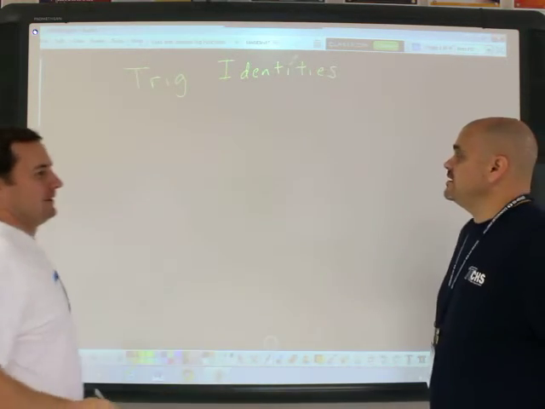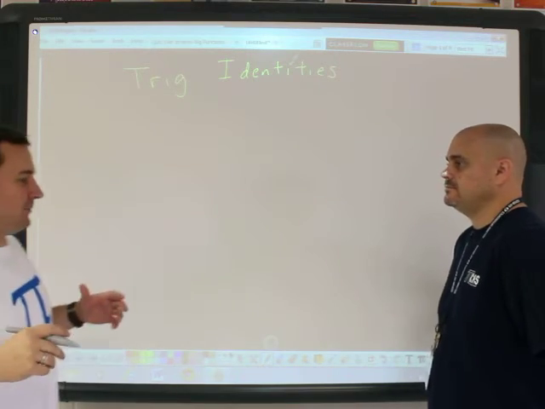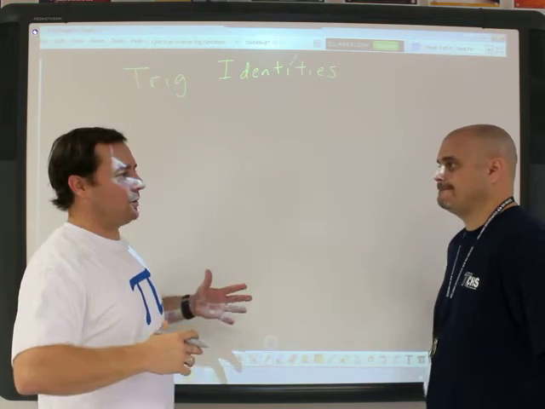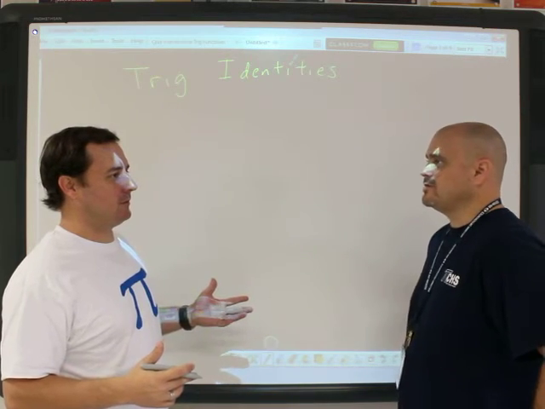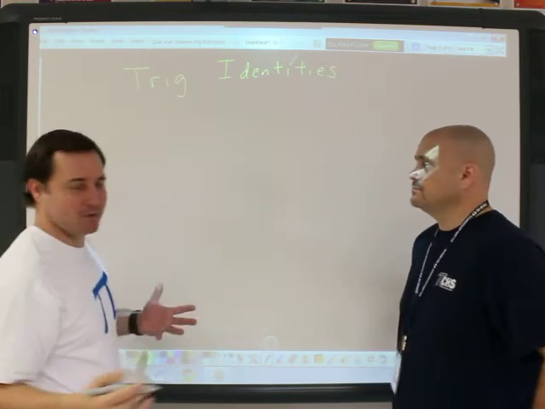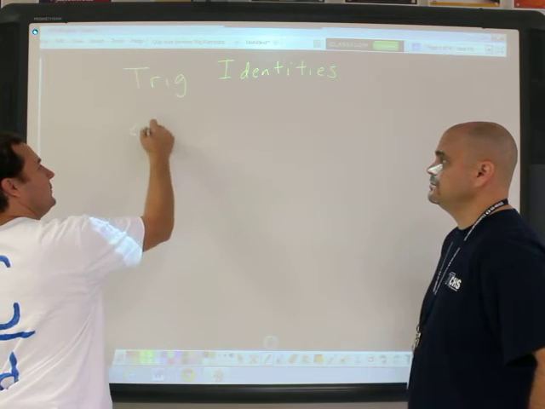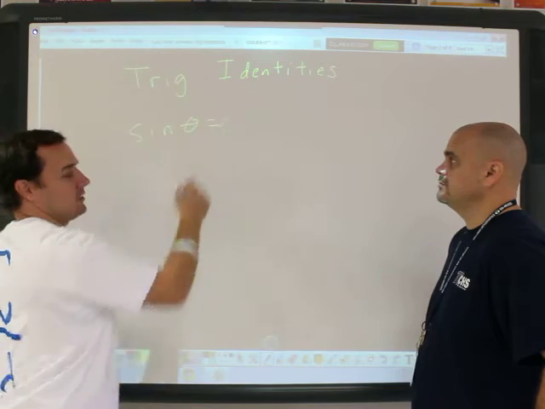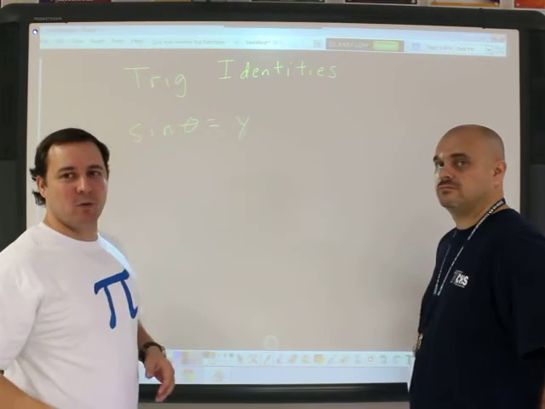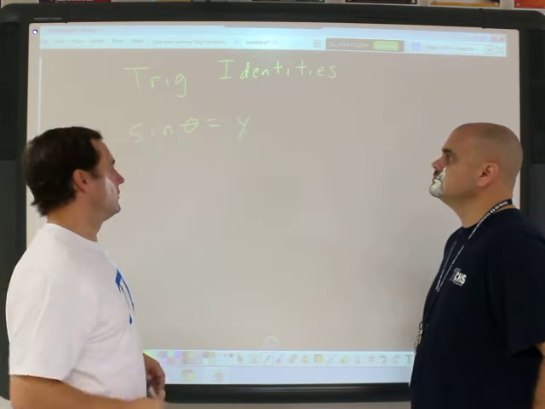Alright, trig identities. The first trig identity goes all the way, well, do we want to start with Pythagorean? No, let's start with reciprocal identities. We know from the coordinates of the unit circle that the sine of an angle is equal to the y-coordinate of that point on the unit circle.